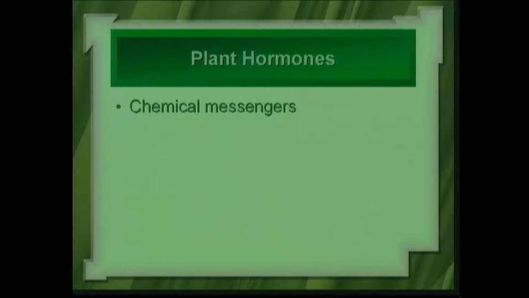Okay, now what we're going to talk about next is chemical messengers, right? These chemical messengers are often known as plant hormones. A characteristic of a hormone, just like in our own bodies, is that generally hormones are effective at very, very low concentrations, such as parts per thousand, parts per million, usually parts per million or parts per billion.